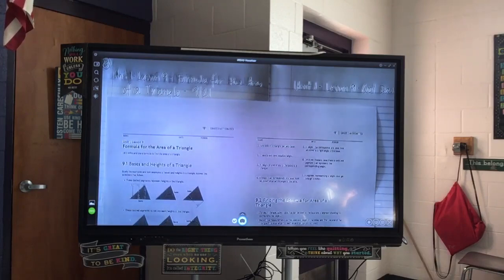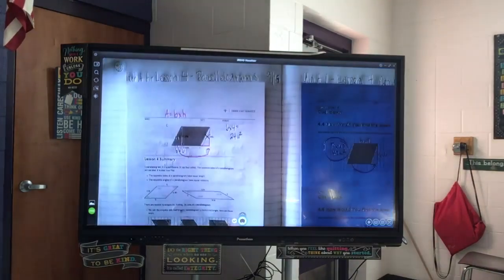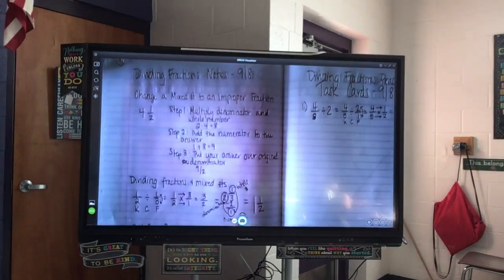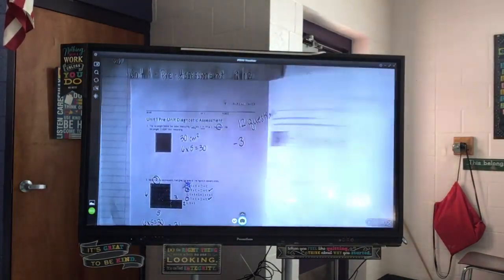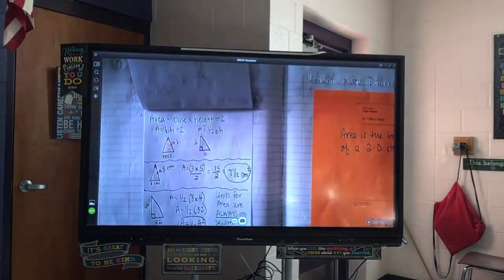Mikhail, are you on this page? Because this is where you should be if your hand is not raised and you don't know the formula. If you're not sure where you're supposed to be in your notebook right now, you're supposed to be right here, flipped up to the triangle page.